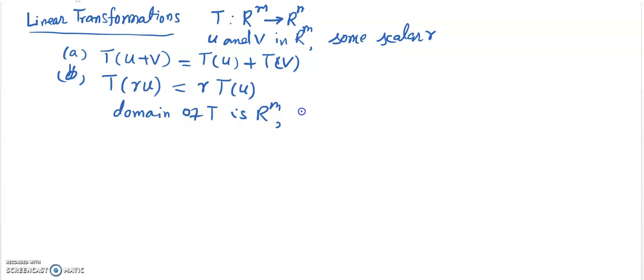And if after the transformation it goes into Rn, then the codomain will be Rn. So the input will be like the domain, and the output will be like the codomain.